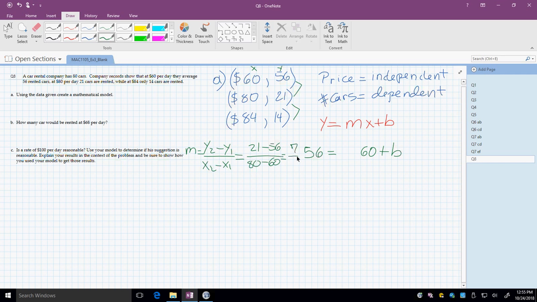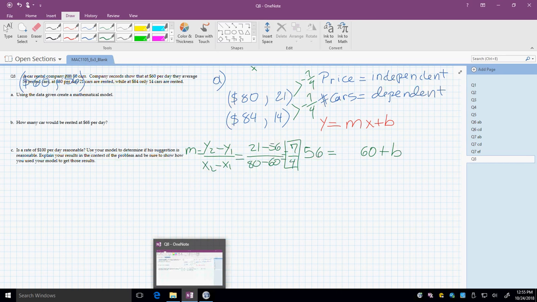We're going to have negative 35 over 20, which is negative 7 over 4. So the slope is going to be negative 7 over 4.